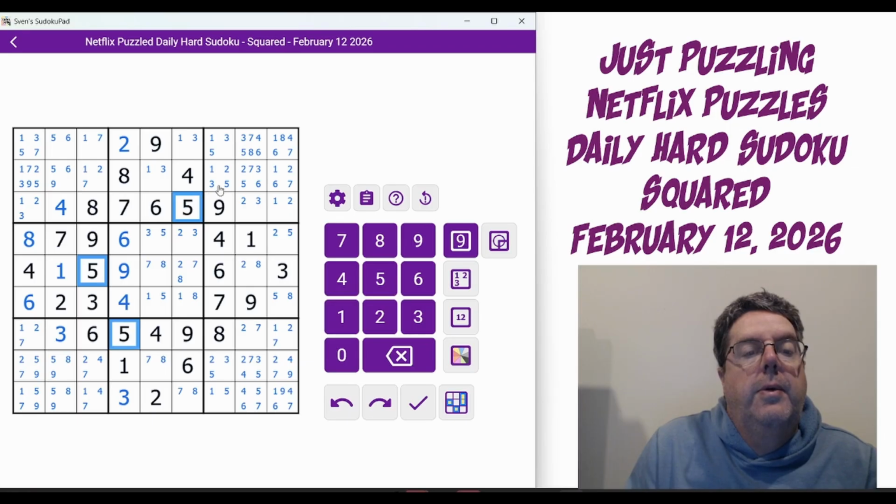So the 5's are going to be here, the 5's are going to be there, 5, 1, 2, 3, so 5 can be either here or here.